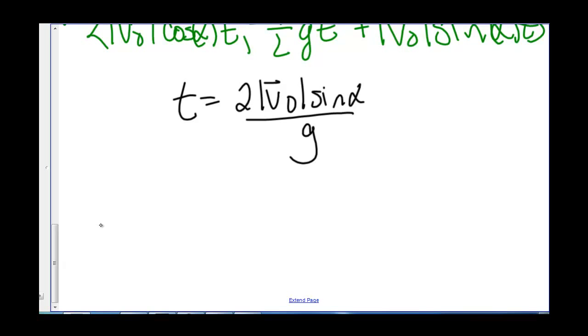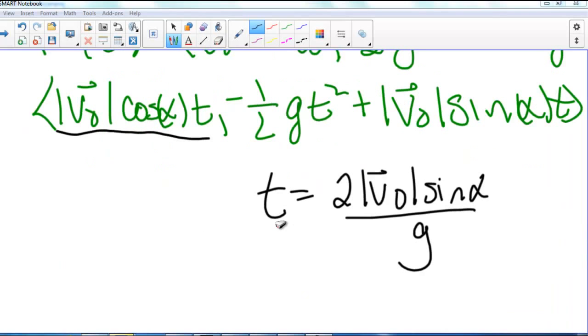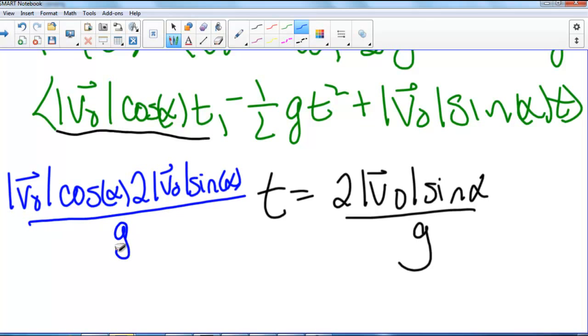So to find our range, we need to plug this into our x. The range will be the x value, the horizontal distance, when t equals the end of the flight time. So we plug our flight time in for t, and we get magnitude of v naught cosine of alpha times 2 magnitude of v naught sine of alpha over g.